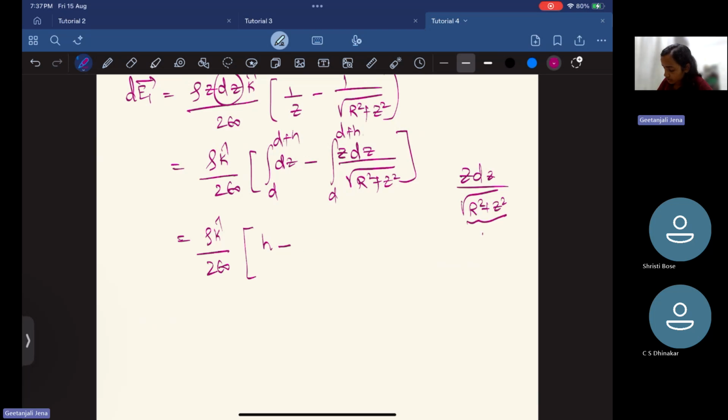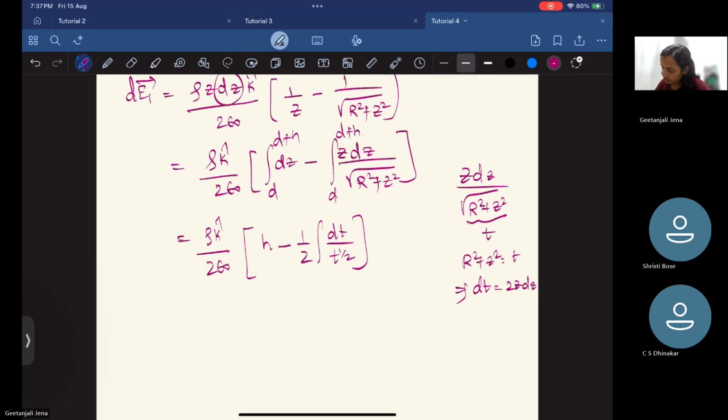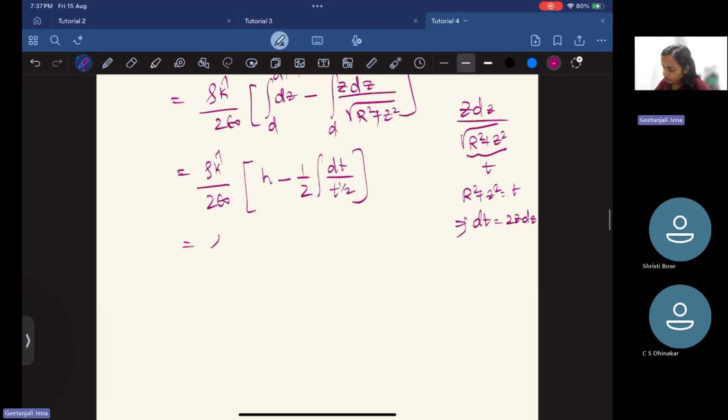If you take r square plus z square as t, then dt will be nothing but 2z dz. So check this. This will give a value of half dt by t to the power half. So rho k cap by 2 epsilon naught times h minus t to the power half.